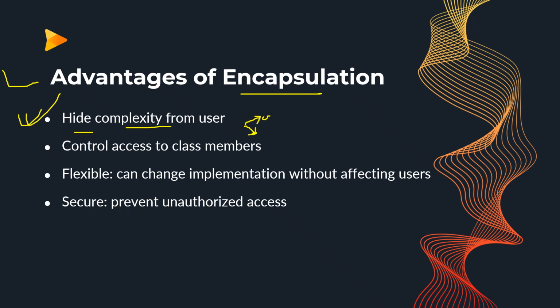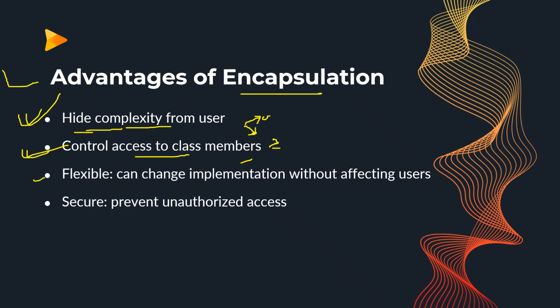So it is known as hiding complexity from the user. Now, control access to class members. As we have said, it can be used to prevent direct access to our data members from other users. So it provides security. Security is a very important thing in our programming and your application. So we can use encapsulation for security purposes.